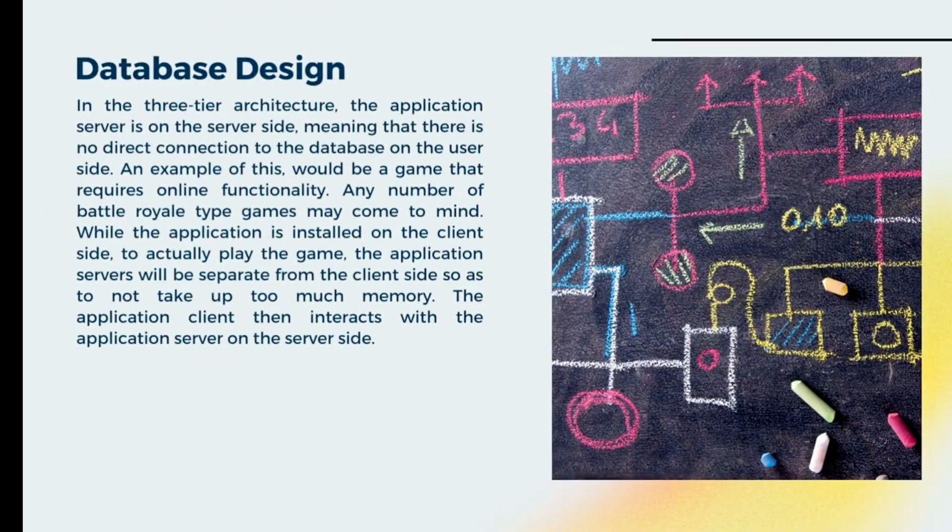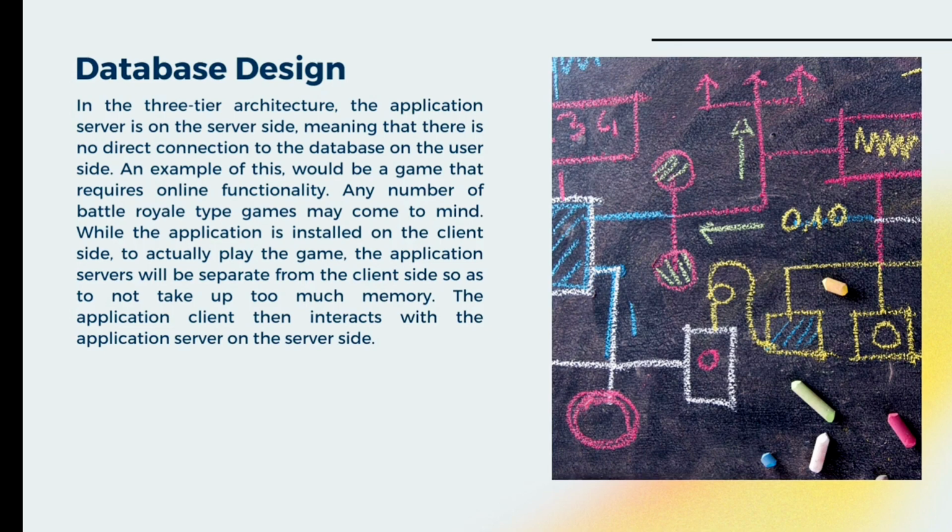In the 3-tier architecture, the application server is on the server side, meaning that there is no direct connection to the database on the user side. An example of this would be a game that requires online functionality. Any number of battle royale type games may come to mind.